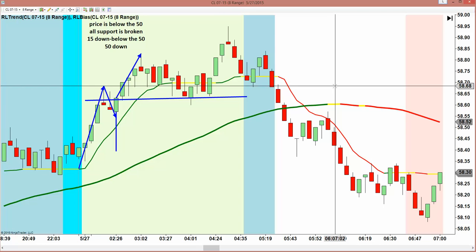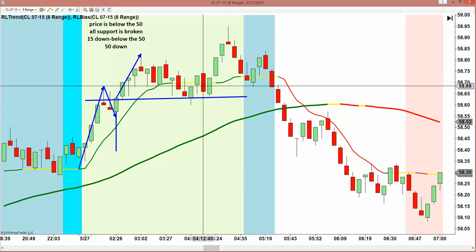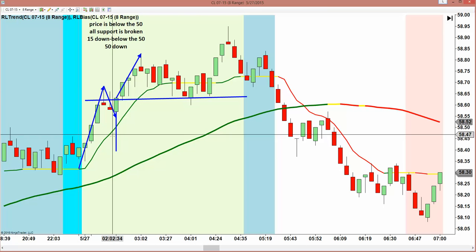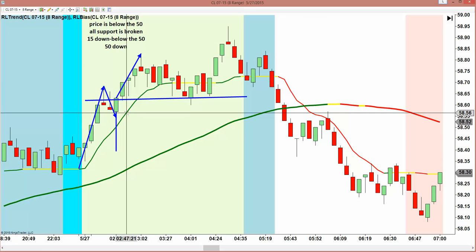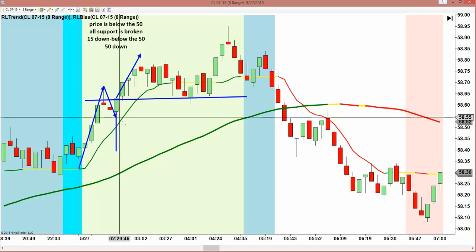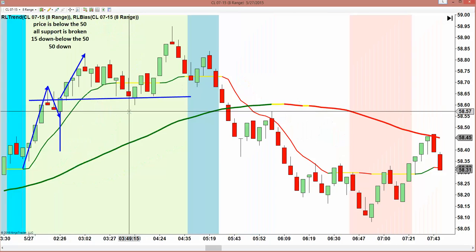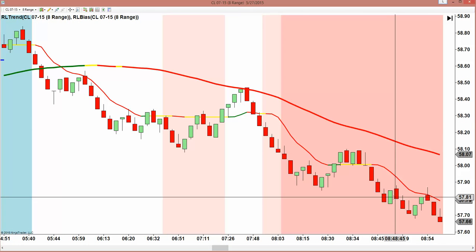But right now, we can see what we want for taking a long trade. We want the 15 up, the 50 up. We want the 15 to have crossed the 50 to the upside. And the dark green tells us that we have the same setup here on two higher time frames. And the dark pink tells us that we have the same setup to the downside on our two higher time frames.